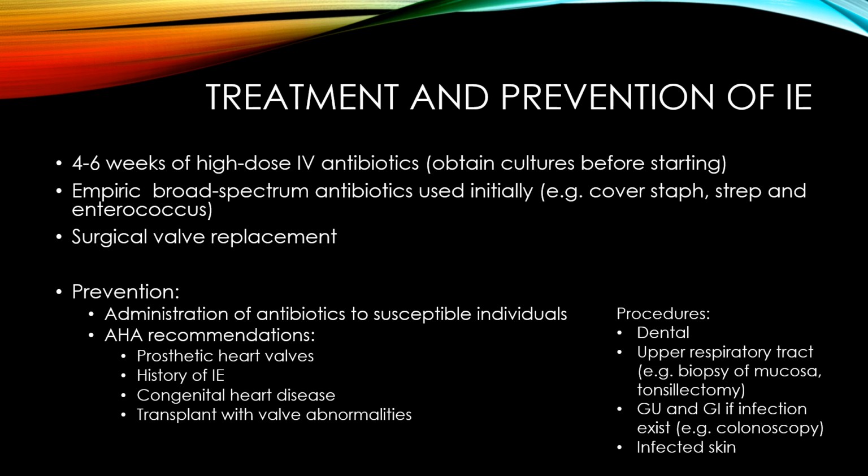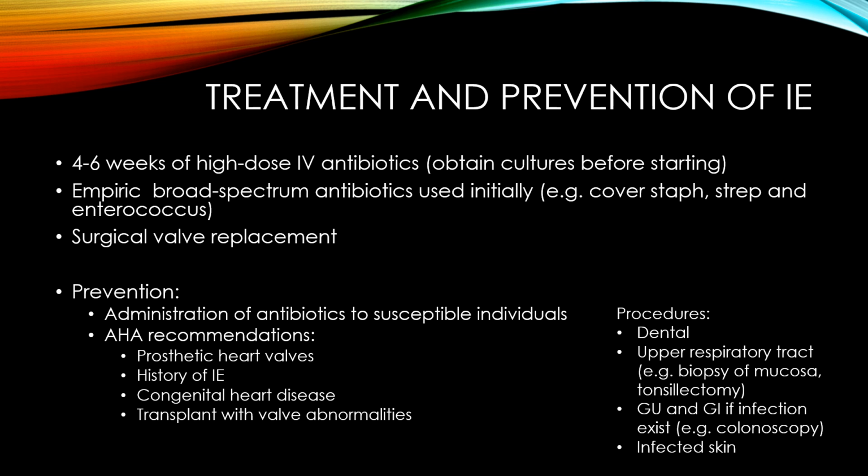So of this high risk group, it is recommended to give prophylactic administration of antibiotics for these certain procedures, like dental procedures. Again, tooth extraction or something of that nature, where you could end up becoming bacteremic and have things like strep viridans, strep mutans, or the upper respiratory tract. Any kind of procedure involving that, particularly if it has biopsy of the mucosa or a tonsillectomy.